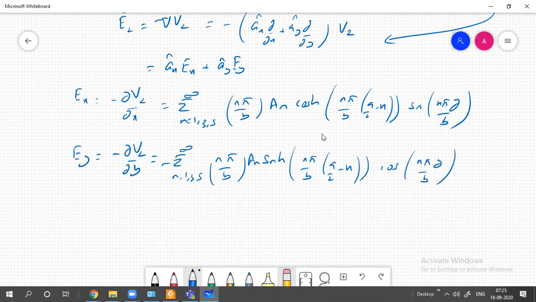So from here we will get E2, which will be a_x E_x plus a_y E_y.